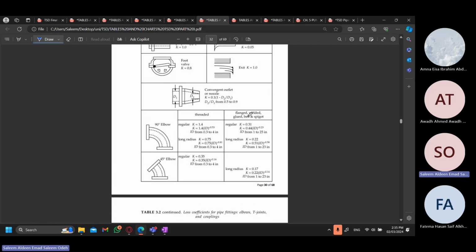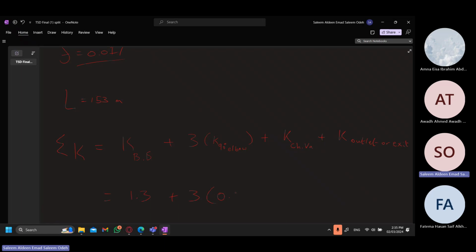They told us that it is glued, so we'll use the K value of 0.31. Plus a check valve.